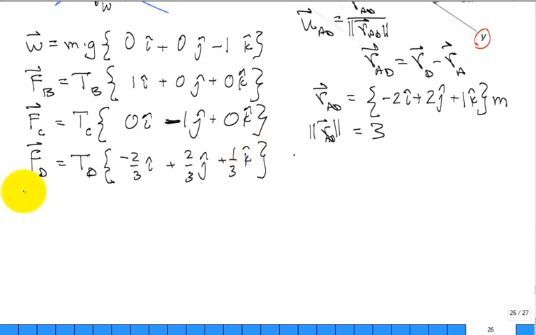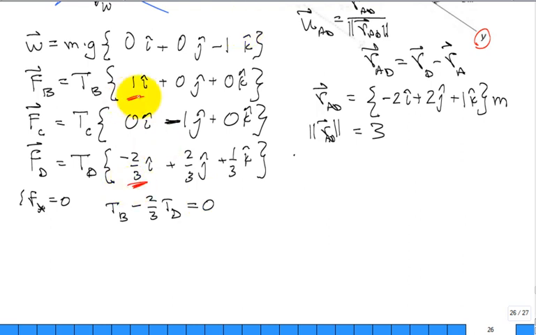And we'll do the sum of the forces in the x equal to 0. When you do the sum of the forces in the x equal to 0, what do we get? We're going to get an equation that says TB minus 2/3 TD is equal to 0. All you do is pick up this component and that component.